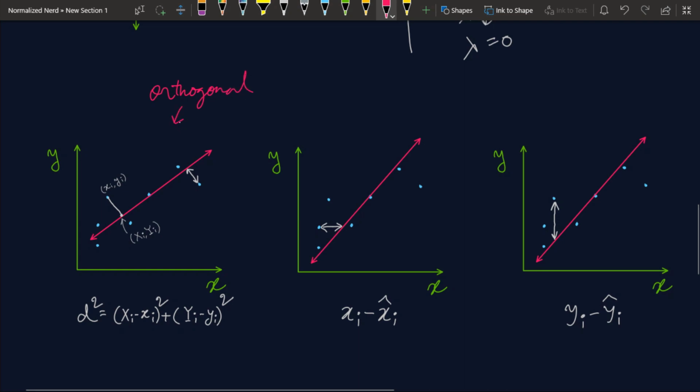Here we consider the squared distance between the ground truths to the best fit line as our residual.